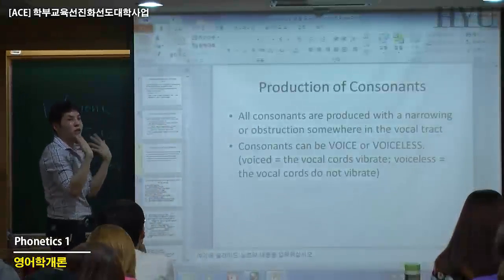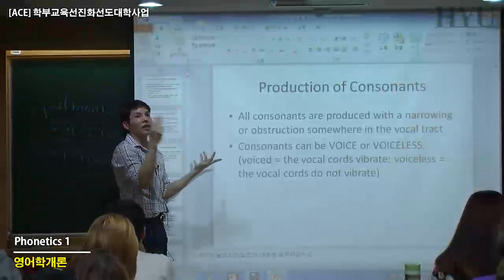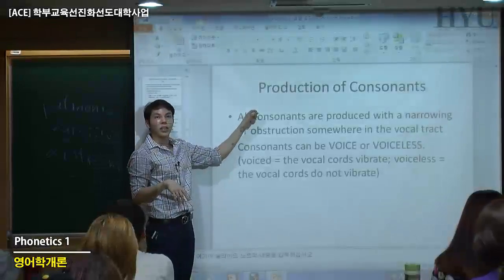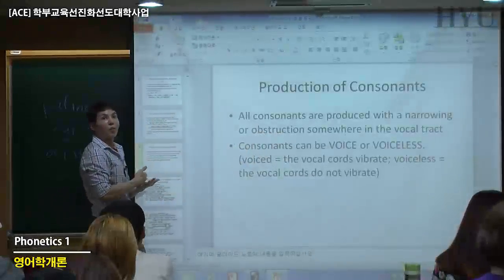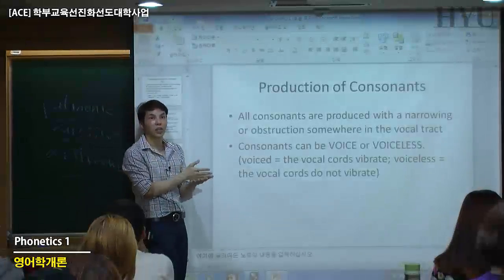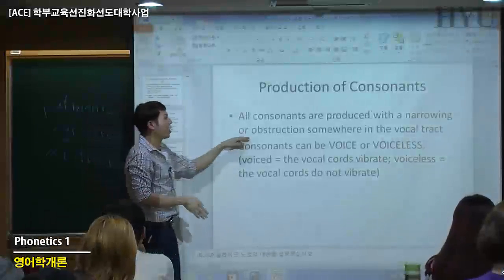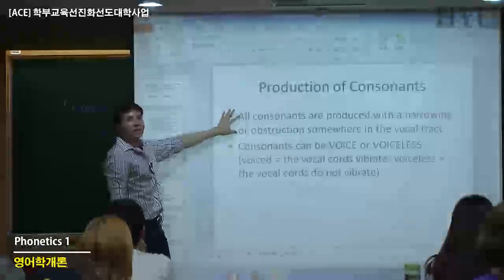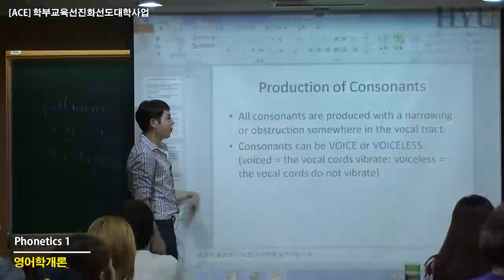You need to use different organs in the mouth, for example, the teeth, the palate, the velum, the lips and so on. There must be at least some blocking, so that the air cannot come out easily. When you produce vowel sounds, no obstruction, okay?